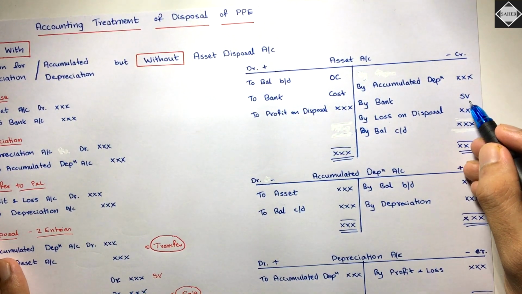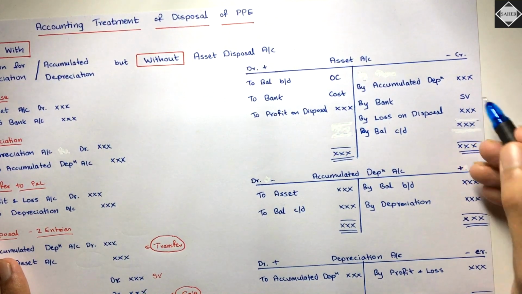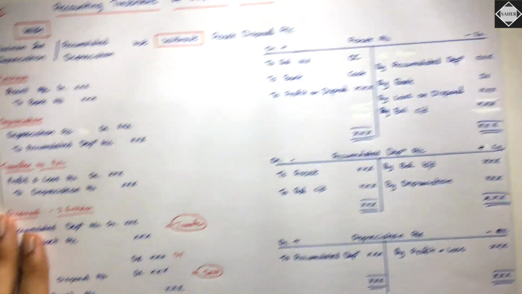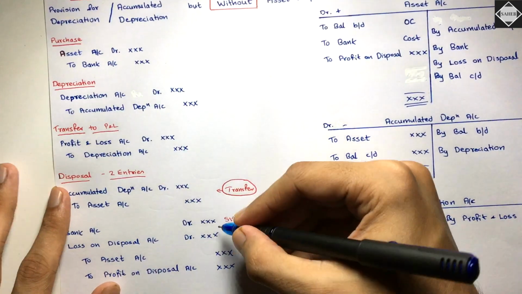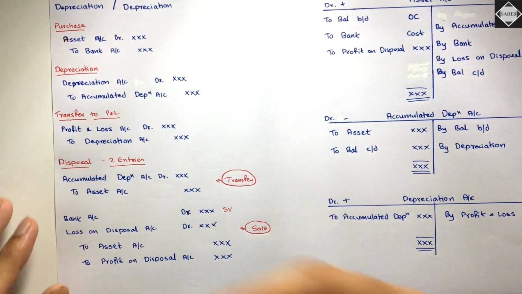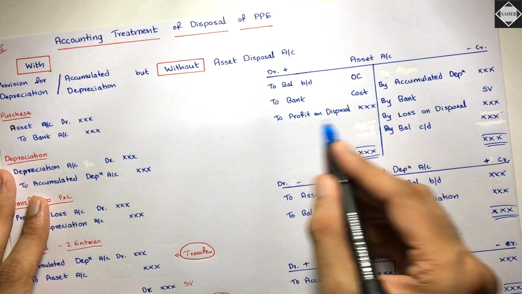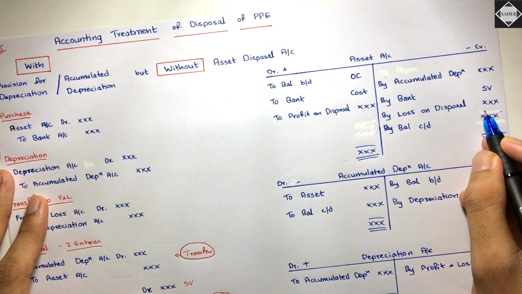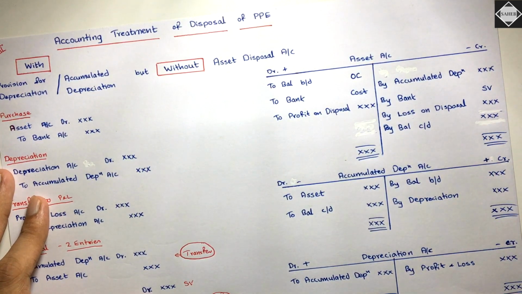Clear? Simple. And then you have to see the balancing figure. You have to do this calculation properly, this comparison, and find out whether there is loss on disposal or profit on disposal. If there is profit on disposal, then it will come on the debit side. If there is a loss on disposal, it will come on the credit side. Is that clear? It's really simple to understand.